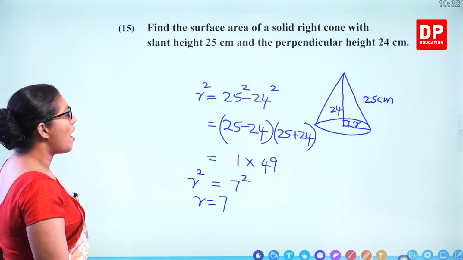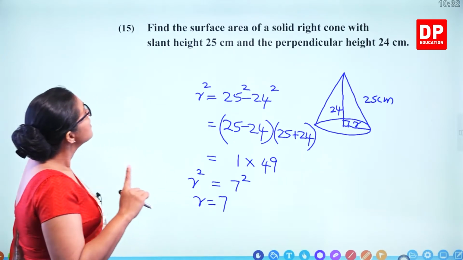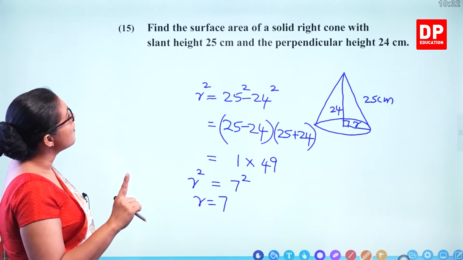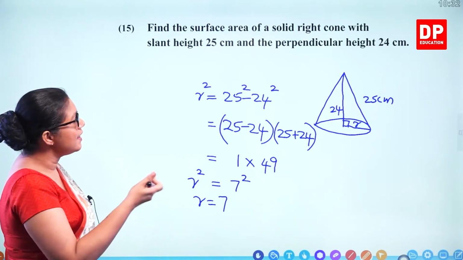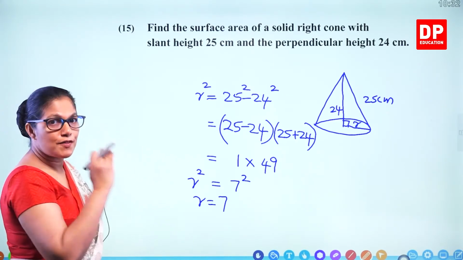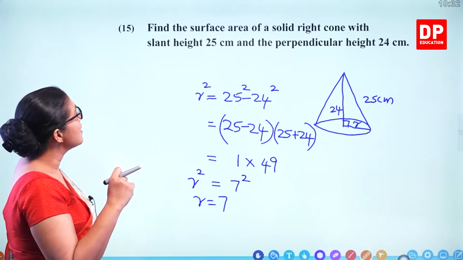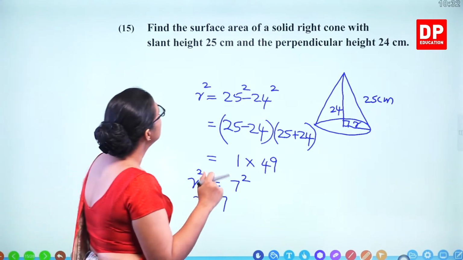So we know r. So what's the surface area of the solid right cone? So solid, that means you need the circle area as well. Curved surface area plus the area of the circle.